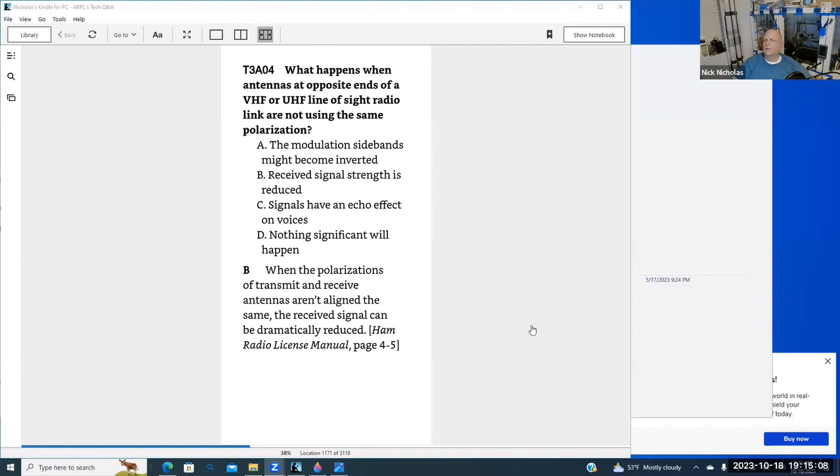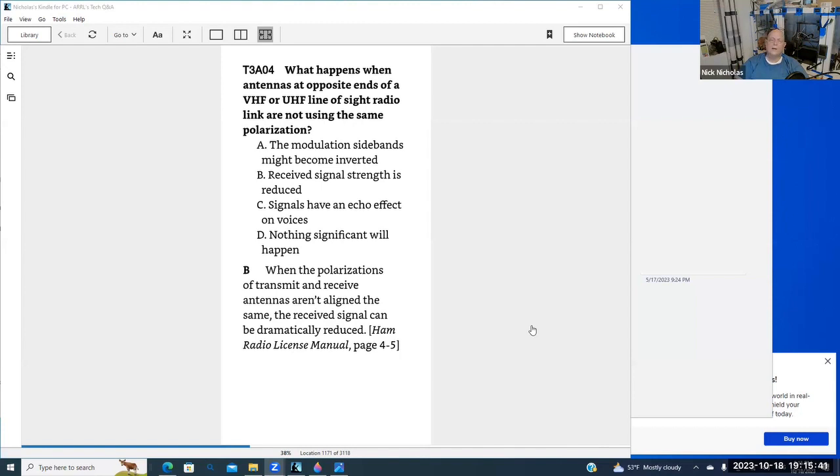And that happens in the HF spectrum of the band. As technicians, you won't really have the opportunity to take advantage of much of it, although occasionally it happens quite effectively on 6 meters, which is the lower part of the VHF spectrum. When the signal skips off the ionosphere, sometimes it doesn't matter.